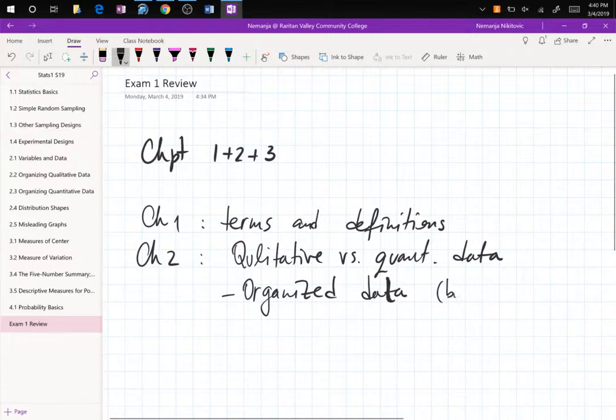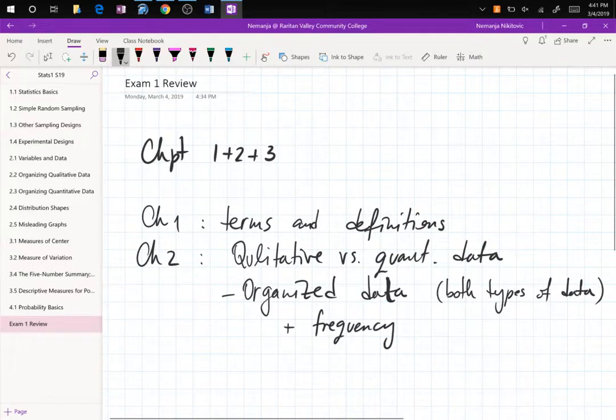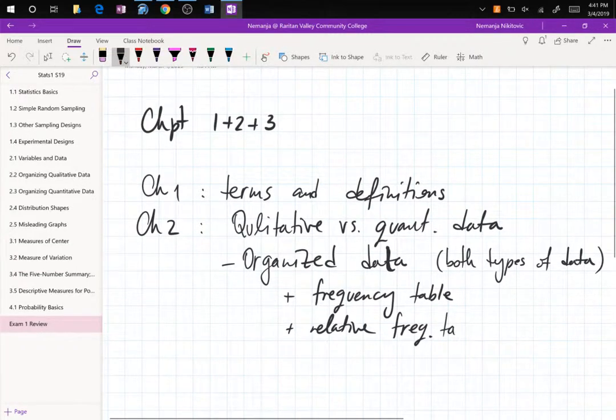So I'll just put both types of data and then list, let's say, frequency table, relative frequency. This table is called the distribution.